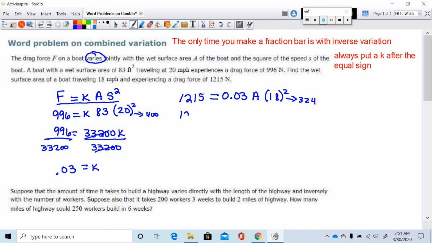So I have 1215 equals 0.03 times 324 is 9.72a. I'm going to divide both sides by 9.72. 1215 divided by 9.72 is 125. Top cancels with bottom. So that is the area. So it's 125 feet squared.